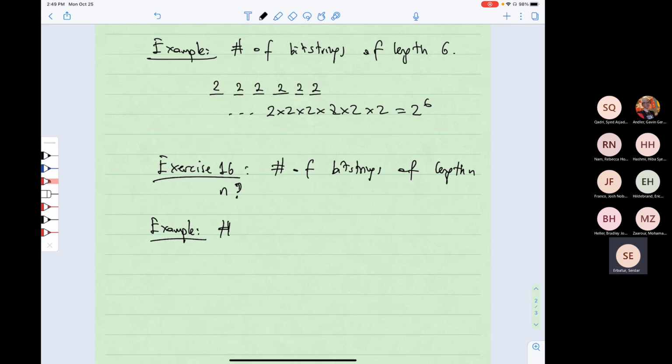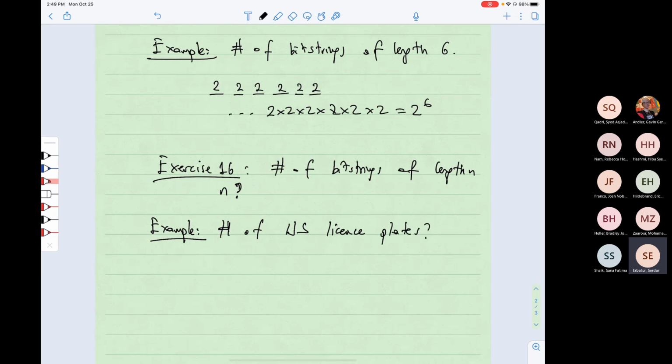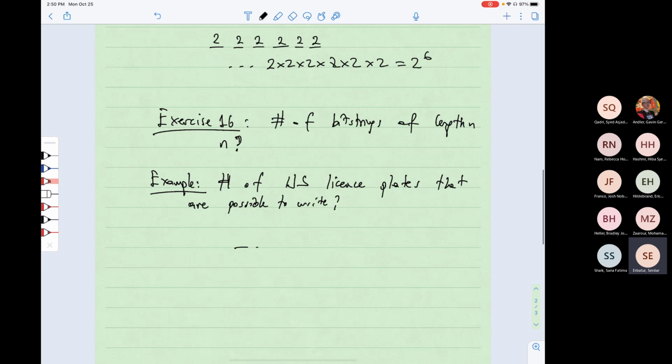So the number of US license plates that are possible to write. The format is this, some letters and some digits.